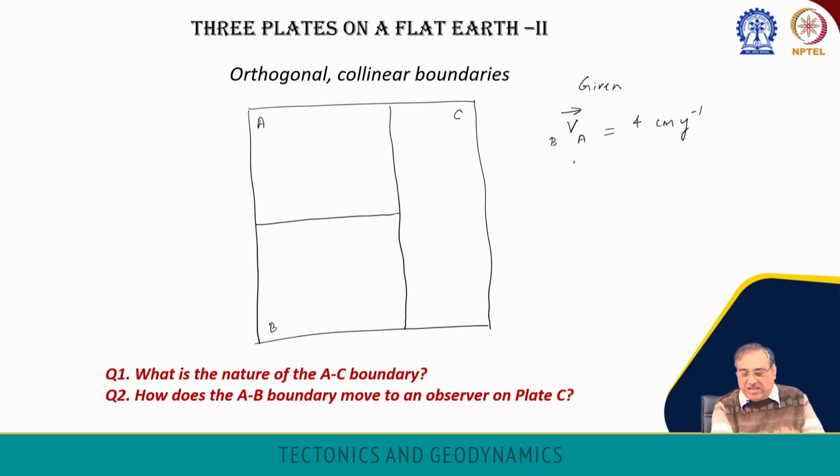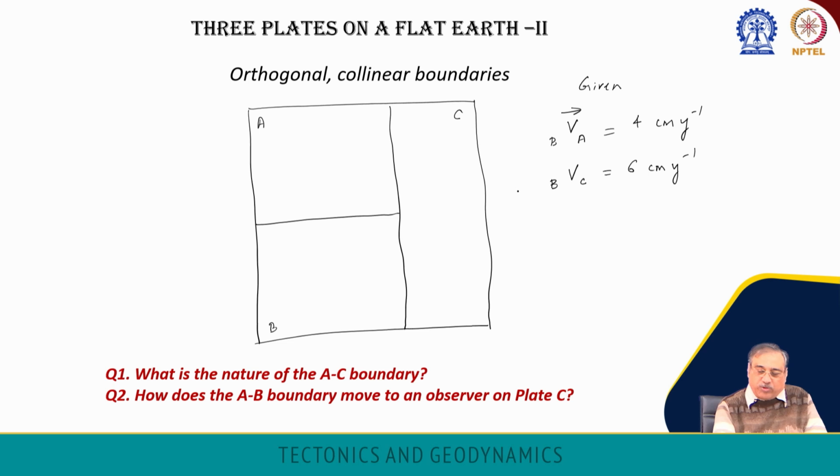And we have also been given the relative velocity of C with respect to B, which is, let us say, equal to 6 centimeters per year. So, we have been given the relative velocity of A with respect to B and the relative velocity of C with respect to B. These two are what we have been given.